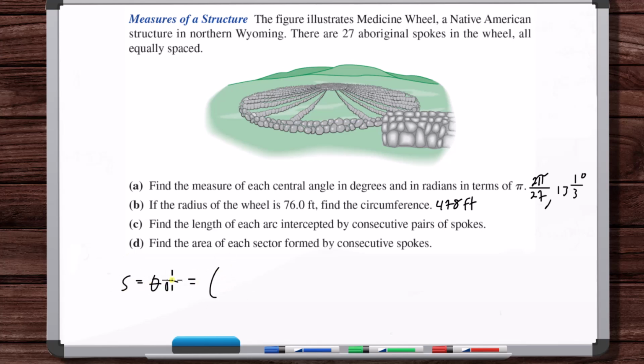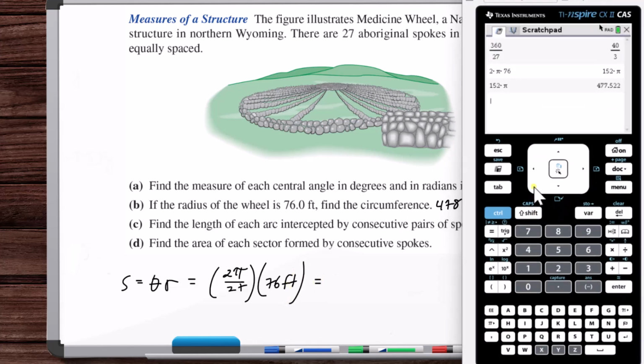This is in radians, so 2 pi over 27 times 76, which is about 17.7 feet.